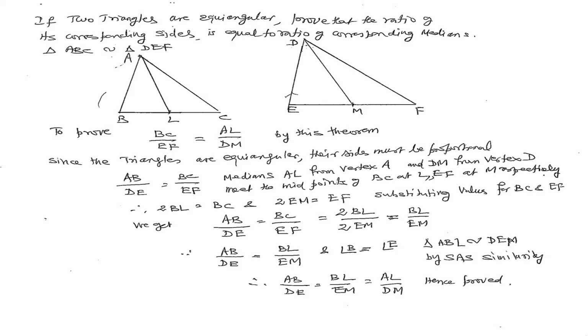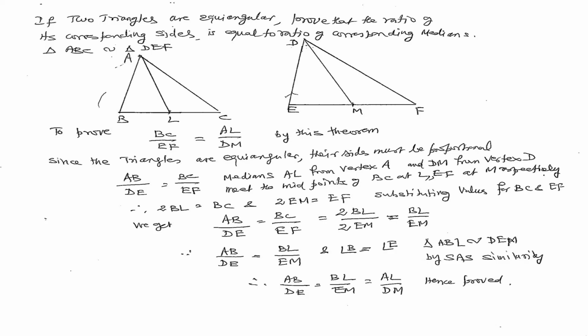Medians AL from vertex A and DM from vertex D meet midpoints of BC at L and EF at M respectively. Therefore, 2BL is equal to BC and 2EM is equal to EF. Substituting values for BC and EF, we get AB by DE is equal to BC by EF is equal to 2BL by 2EM, which simplifies to BL by EM.